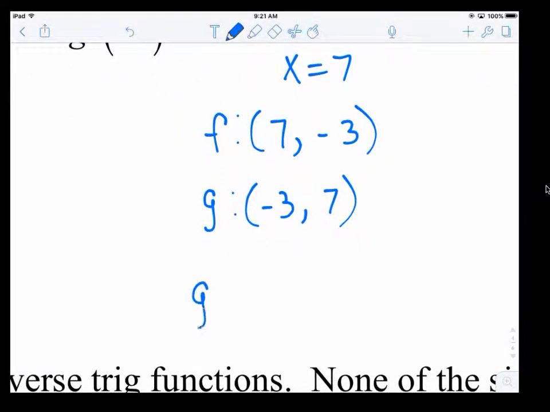So then the slope at g prime of negative 3 is going to be the same thing as 1 over what? How are we going to come up with the slope? F prime of 7, right?